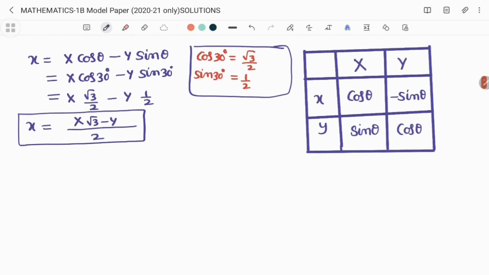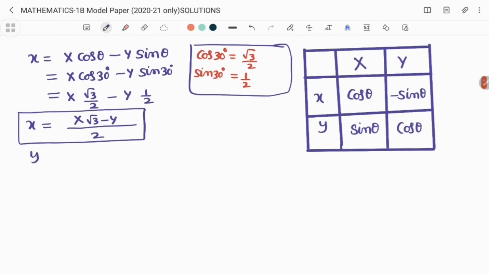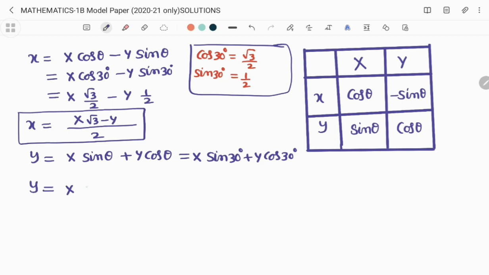Similarly, the y value also you can calculate. So from the table small y is equal to capital X sin theta plus capital Y cos theta. Substitute the respective values, capital X into sin 30 plus capital Y into cos 30. So y is equal to capital X into sin 30, 1 by 2, plus capital Y into cos 30, root 3 by 2.